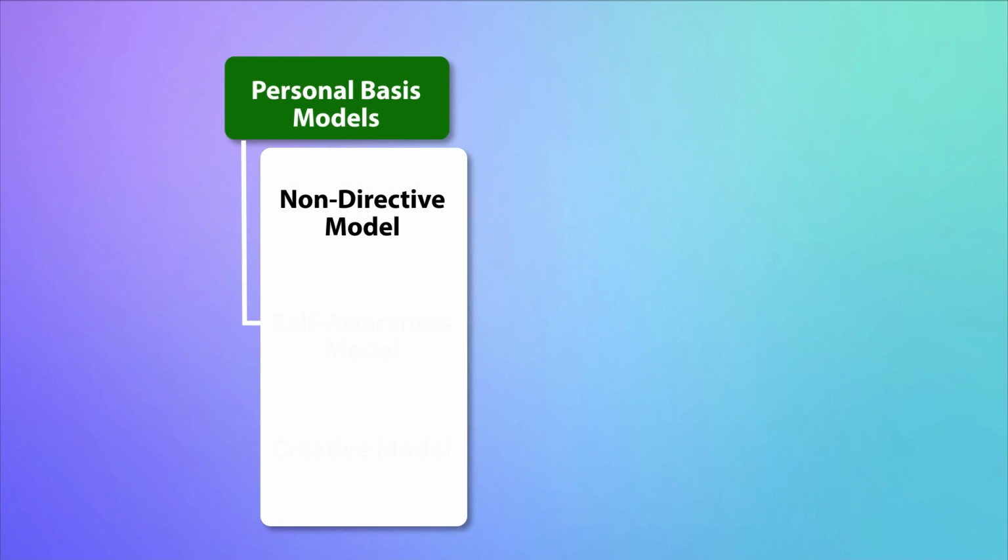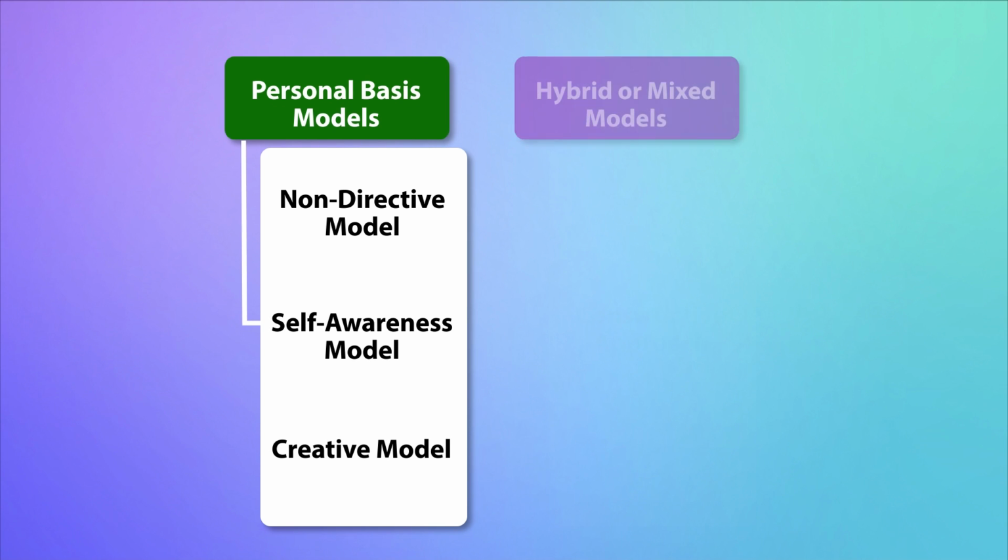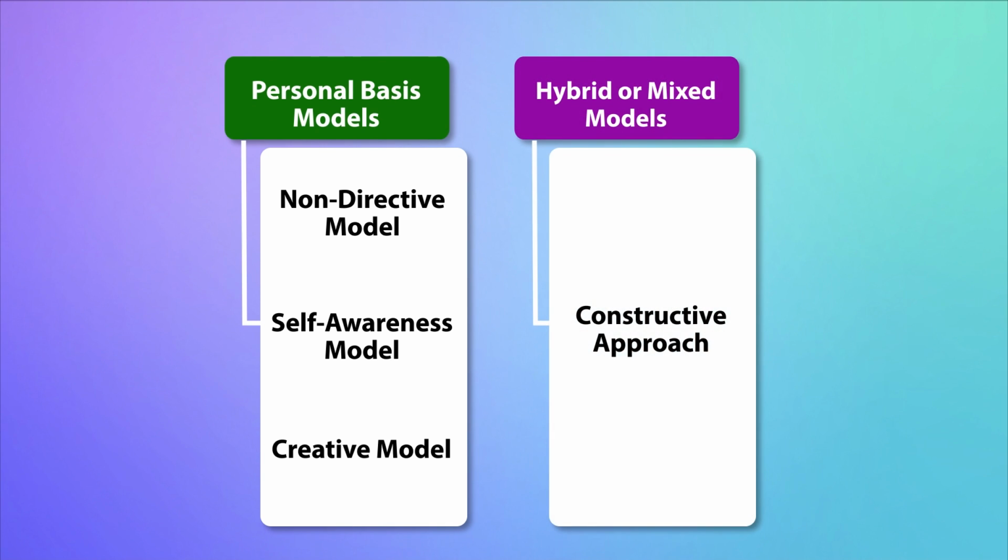Then personal models include the non-directive model, self-awareness model, and creative model. And the hybrid or mixed model is the constructive approach, that is how we can construct knowledge through the experiences of the learners, or through constructing and compiling the experiences of the learner. So this is a hybrid or mixed model, a combination of the previous four families.